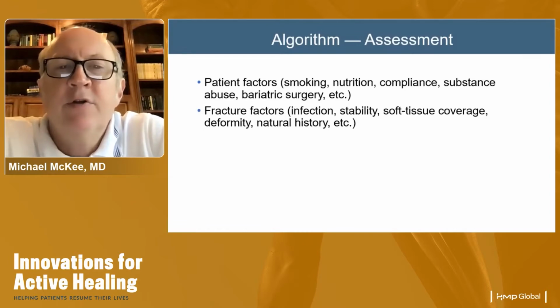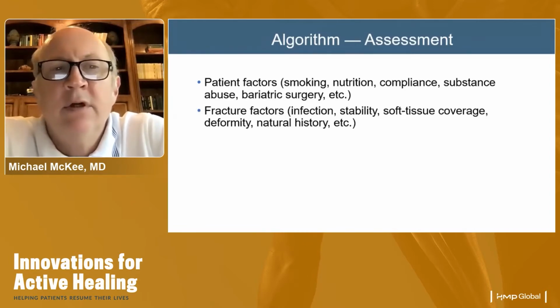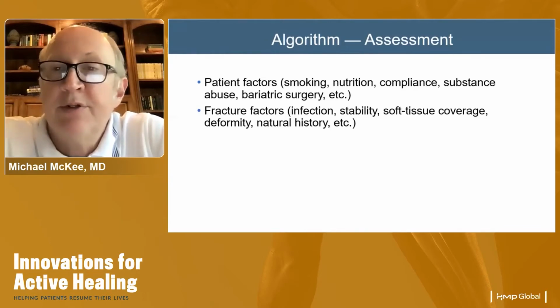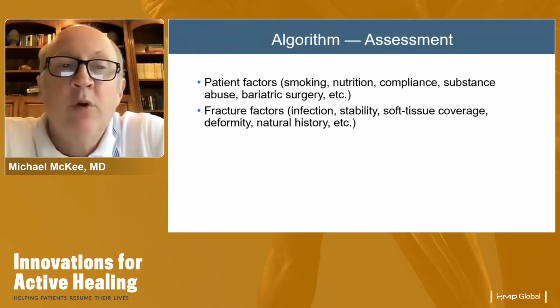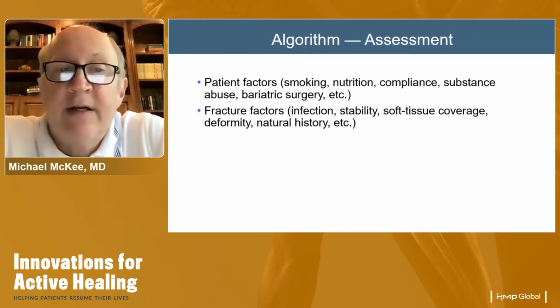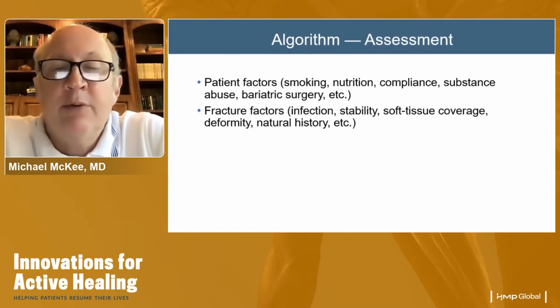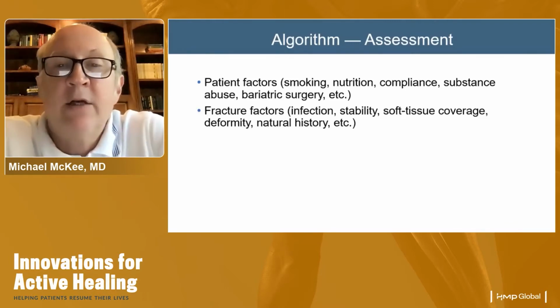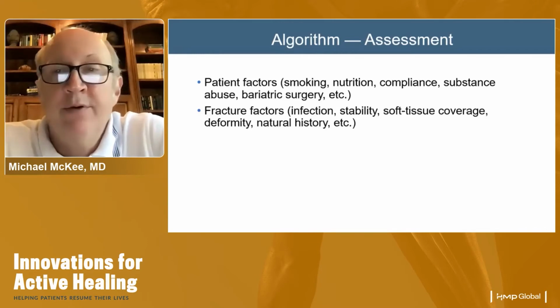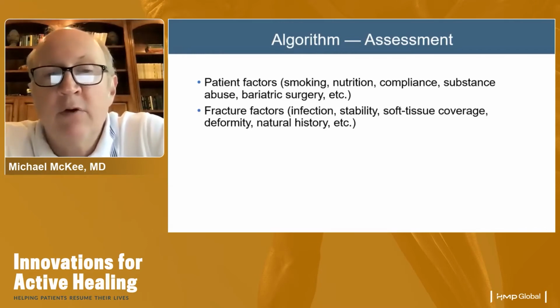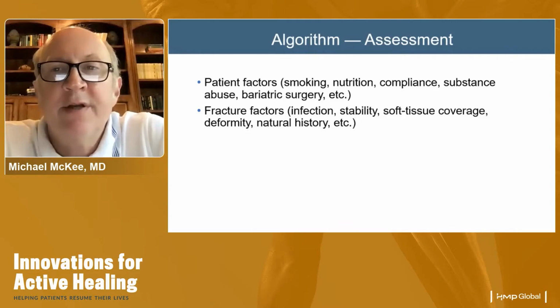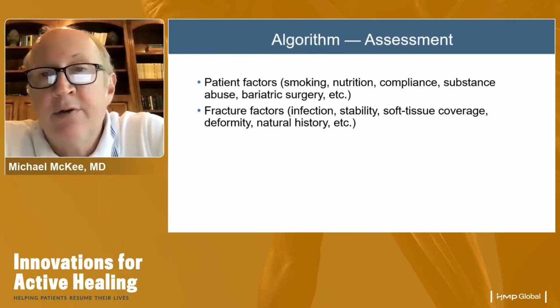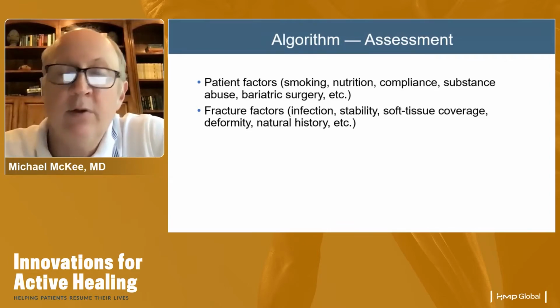Patient factors include smoking, the patient's nutritional status, their compliance level, whether they're a substance abuser, which is particularly relevant in today's society, whether they've had previous bariatric surgery, etc. Fracture factors that you need to consider include the presence or absence of infection, the stability at the fracture site, whether there's adequate soft tissue coverage, whether there's acceptable or unacceptable deformity, and what the natural history of the particular non-union that you're dealing with is in the medical literature.